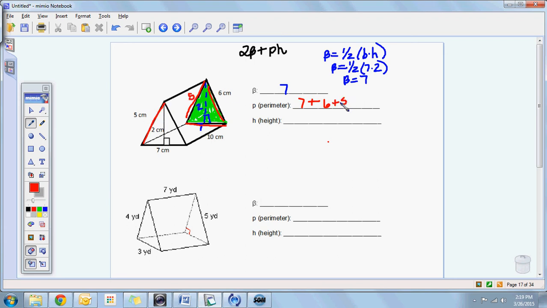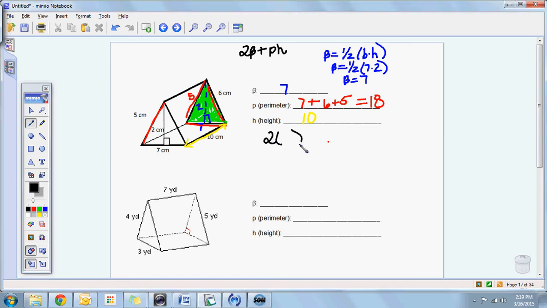So 7 plus 6 plus 5 will give you 18. And then finally, you're going to look for that height. Remember, it's the height that's connecting the two bases. So the height that's connecting both of the triangles would be this side right here. If I were to stand that up on my palm, on my bases, that would be the height of the entire prism.